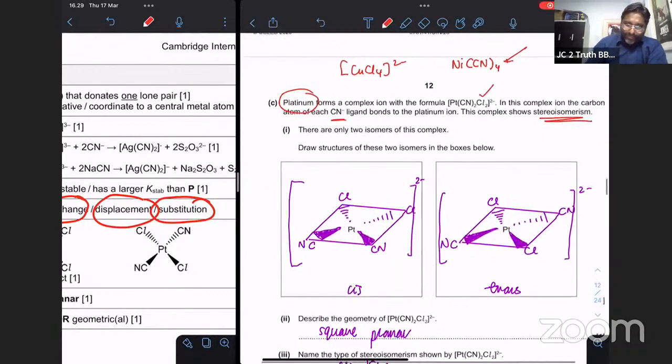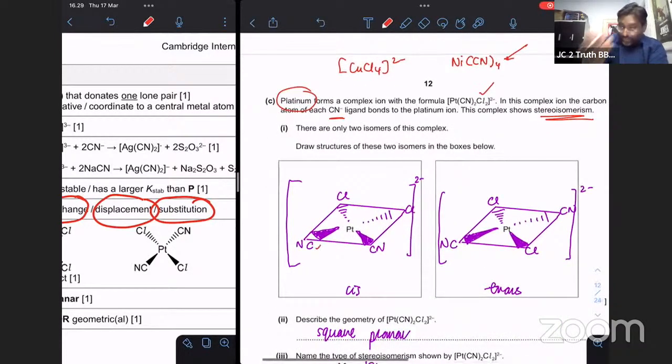I put the CN over here and here because I know it's square planar, and then Cl and Cl. You can see Cl and Cl, and CN and CN, are side by side, so this is the cis isomer. Another isomer I can draw has Cl and Cl over here, with CN and CN opposite to each other. That is your trans isomer.